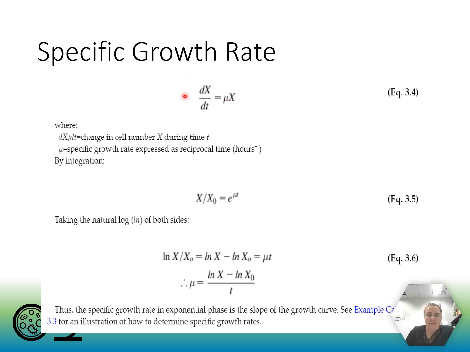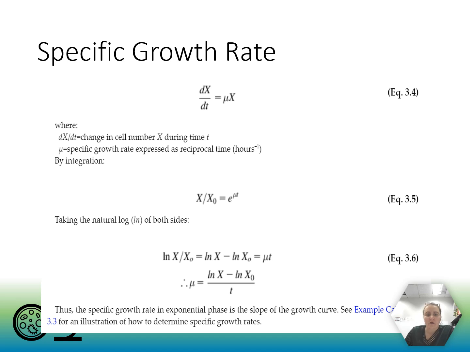So what we have is dx/dt equals the specific growth rate times the concentration. If we integrate that, we get x over x naught equals e to the mu t. And if we took the natural log of both sides, we could find what the specific rate is actually equal to.